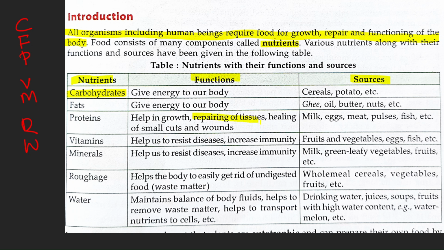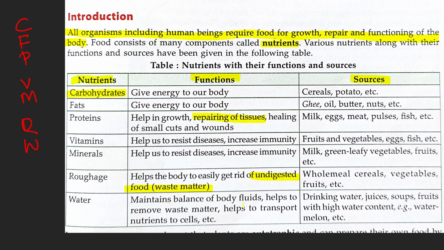Proteins: milk, egg, meat, pulses, fish, etc. Vitamins help us resist disease, increase immunity: fruits and vegetables, eggs, fish, etc. Minerals help us resist disease, increase immunity: milk, green leafy vegetables, fruits, etc. Roughage helps the body to easily get rid of undigested food and waste matter: whole meal cereals, vegetables, fruits, etc.